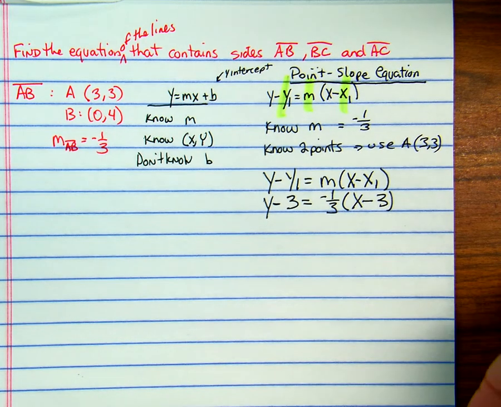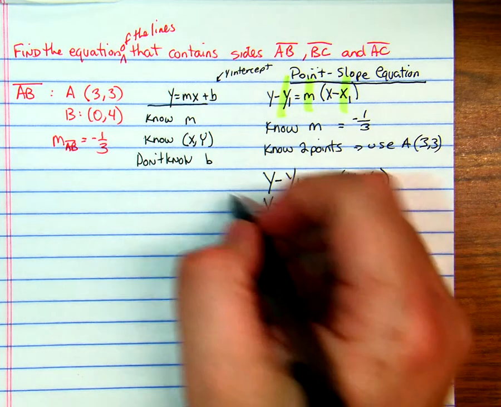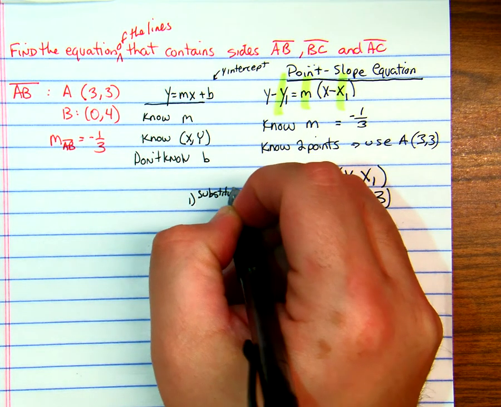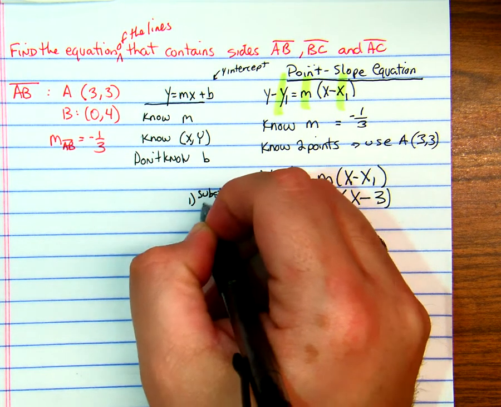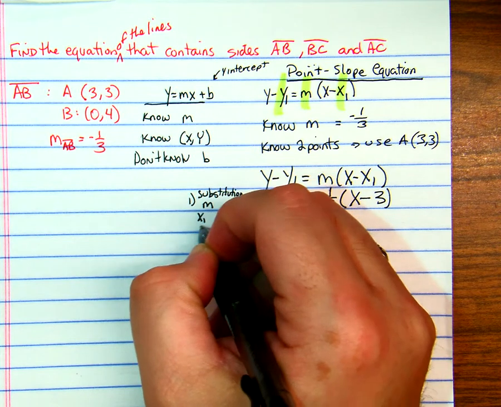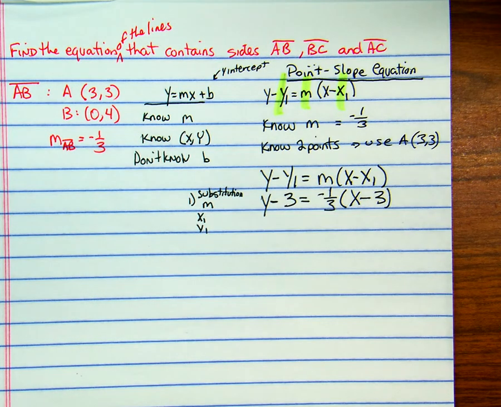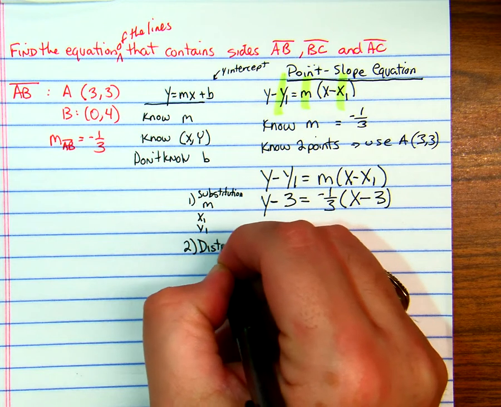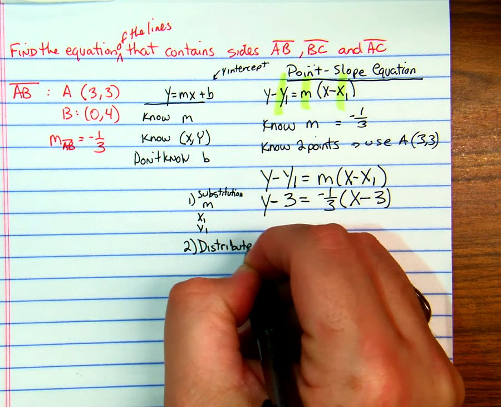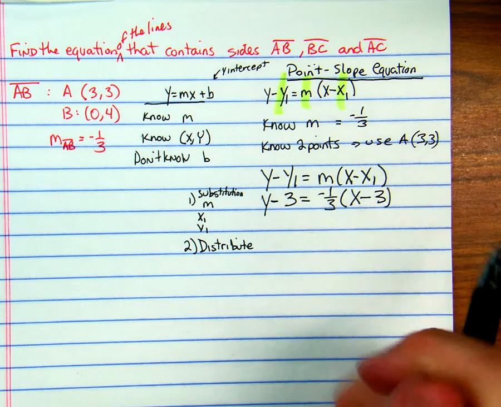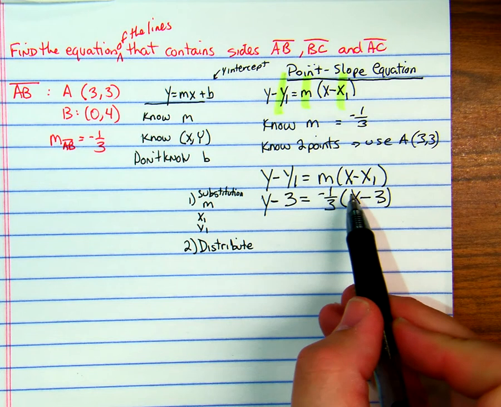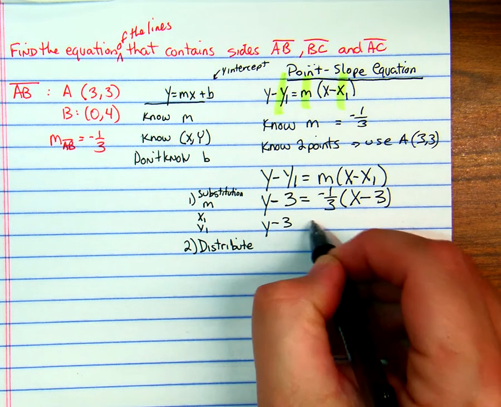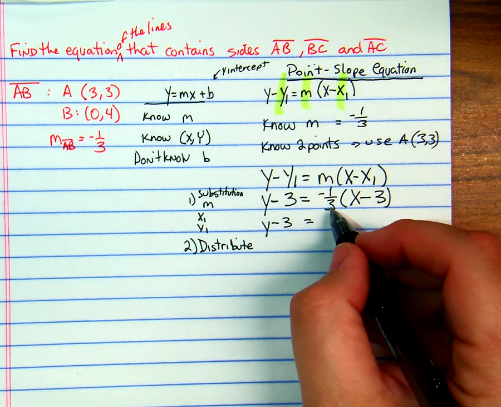So when you're using this, the first step is always substitution. You're going to put in your m, your x1, and your y1. That's what you always do first. Second, you're always going to distribute, the negative 1/3 across here. So you'll get y minus 3 is equal to, what's negative 1/3 times x?